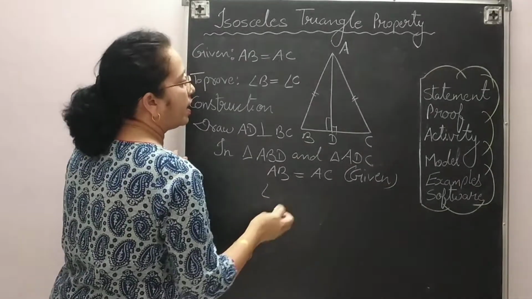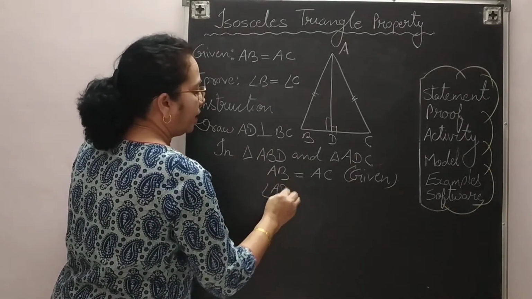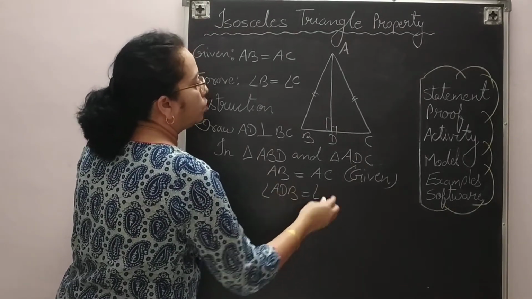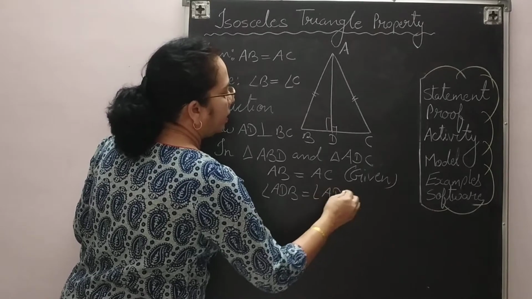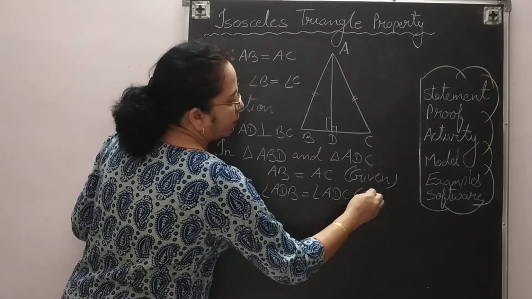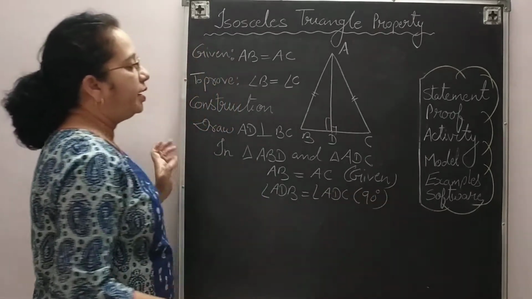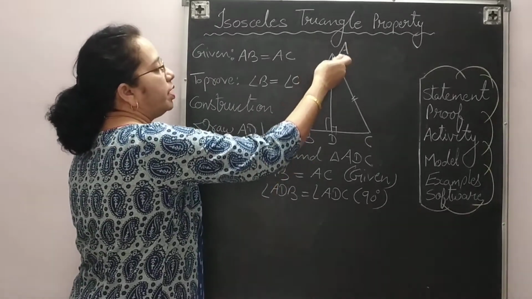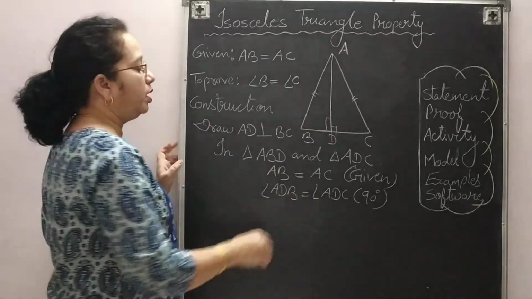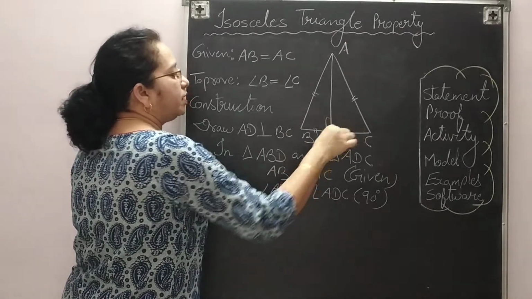So we can say that angle ADB is equal to angle ADC. Why? Because this is 90 degrees. And in an isosceles triangle, from the vertical angle, if you draw a perpendicular, it bisects the side.